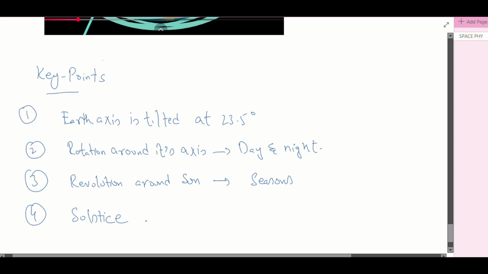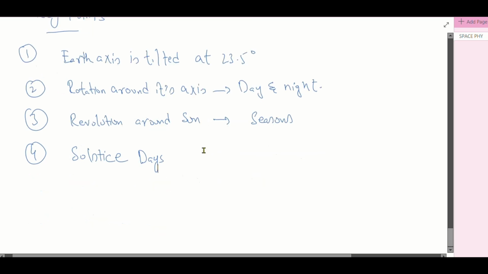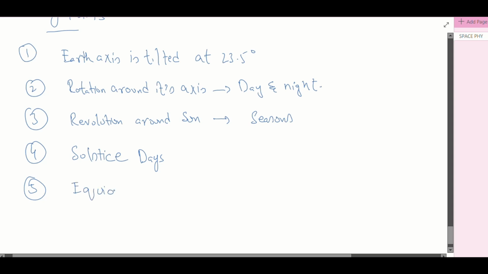We have two solstice days, the longest and shortest days. We have equinox days, equal day and night.